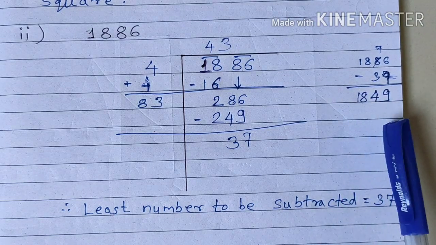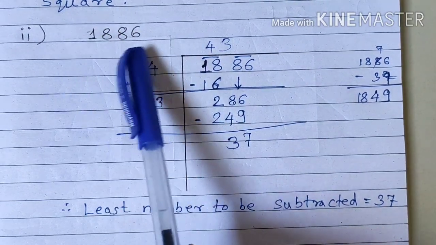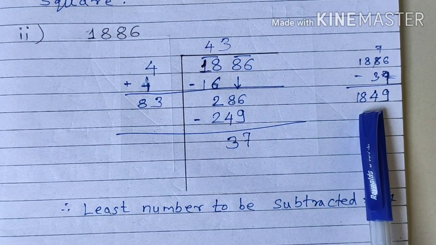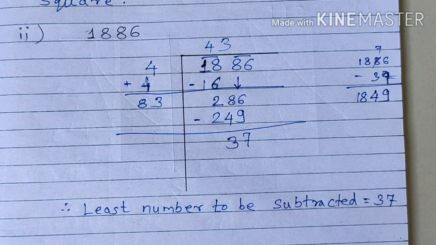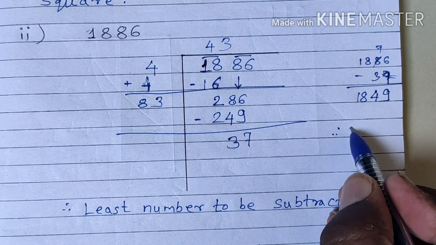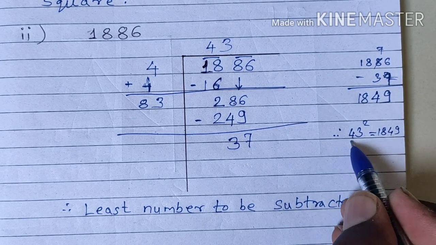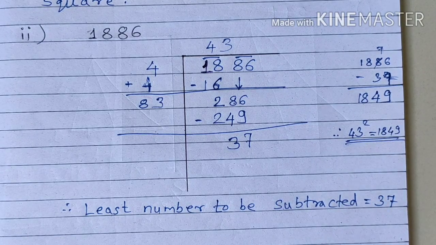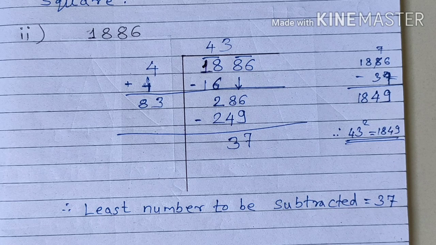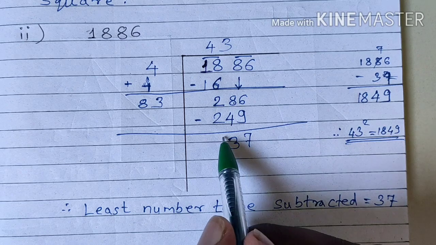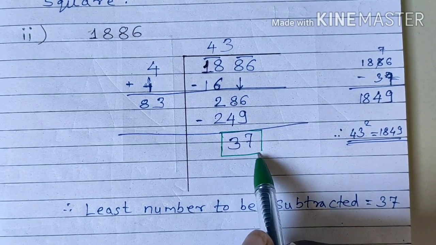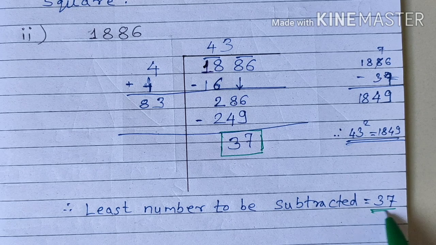So when we subtract 37 from the given number, we get 1849. So we can say that 43 square will be 1849. Got it? This is the verification. So the main thing is, whenever we go for the division method, the final answer will be the remainder. Required answer is 37.